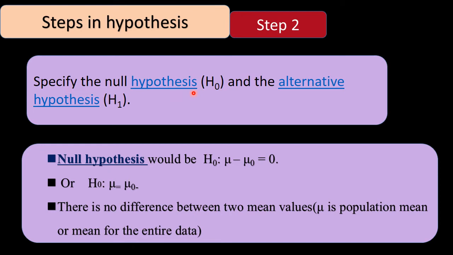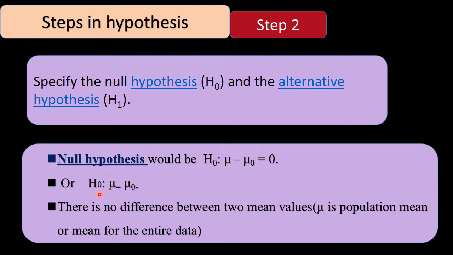Step 3, specify the null hypothesis H0 and the alternative hypothesis H1. The null hypothesis would be H0: mu minus mu naught equals 0. That means H0: mu equals mu naught. That means there is no difference between the two mean values. Mu is the population mean and mu naught is the mean for the sample.